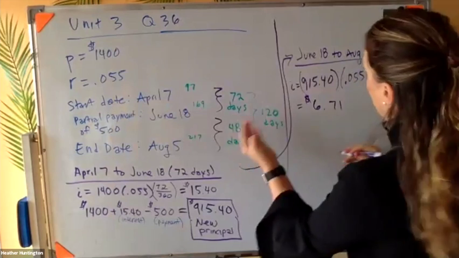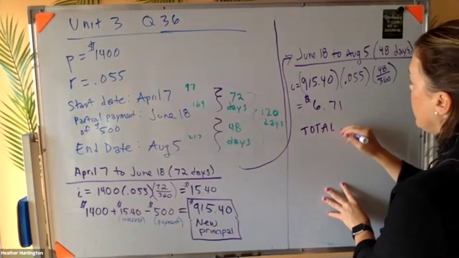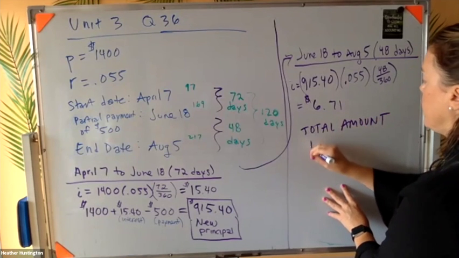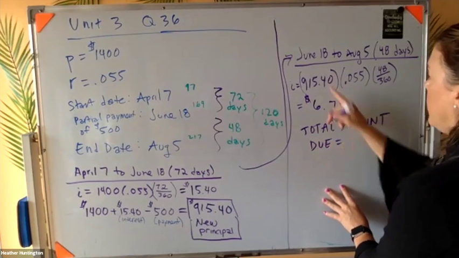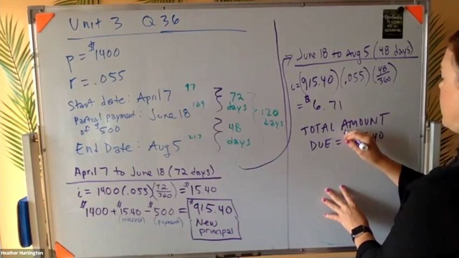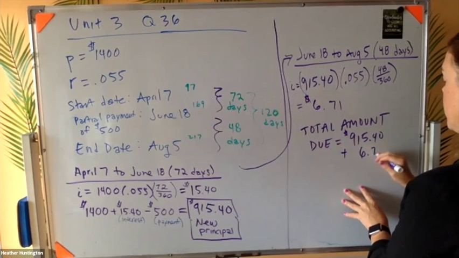So then the total amount due is that principal that's left over plus the interest of 6.71.